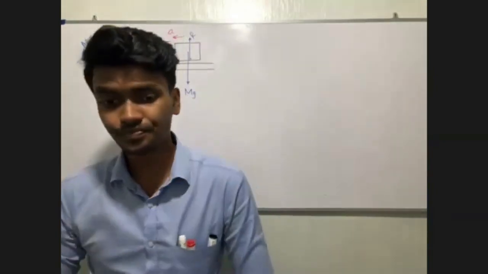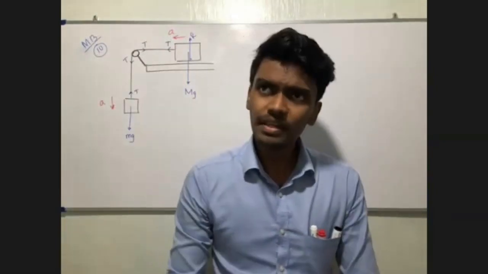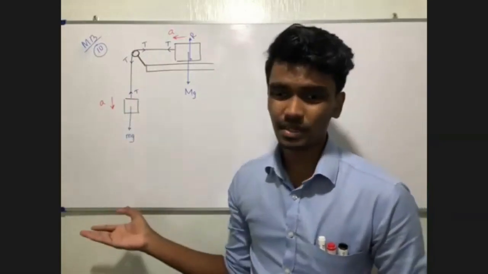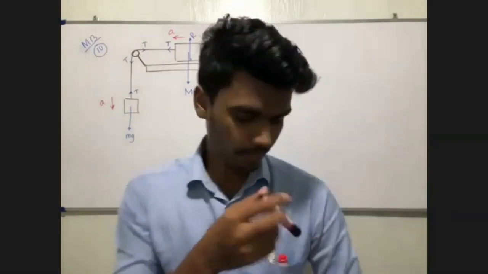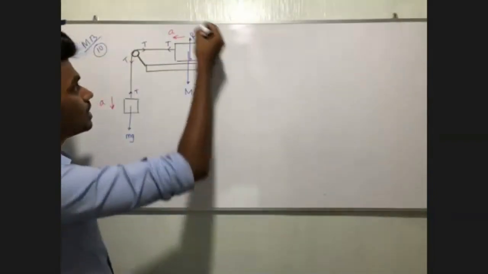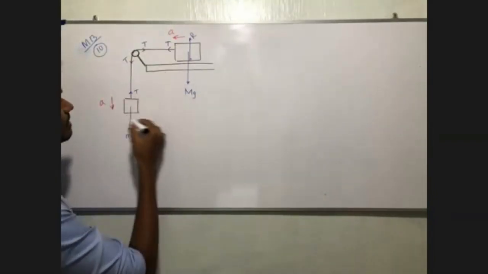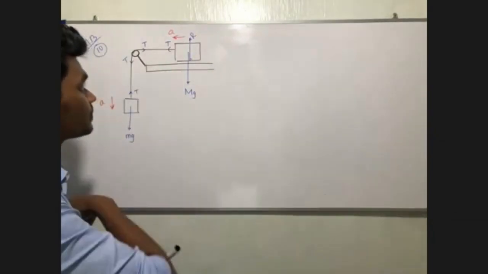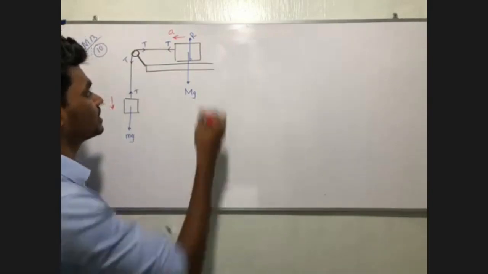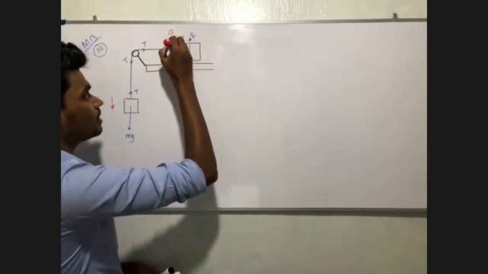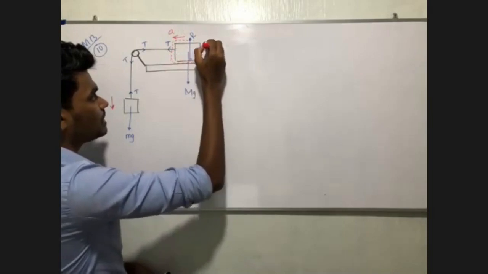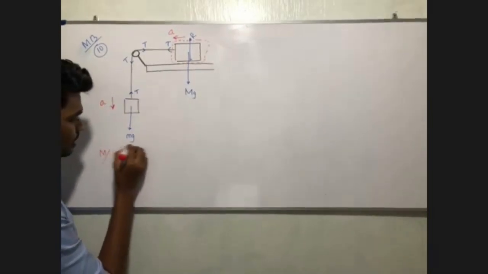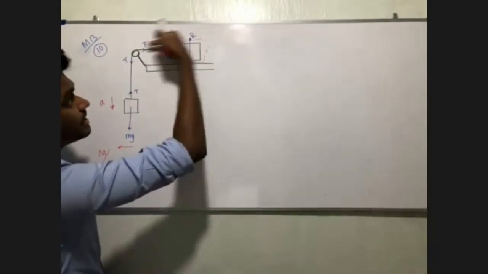Okay, fine. Now simply, in order to find the acceleration, we have to apply F equals ma, right? Let us apply F equals ma initially to the capital M object, in the direction that it moves.